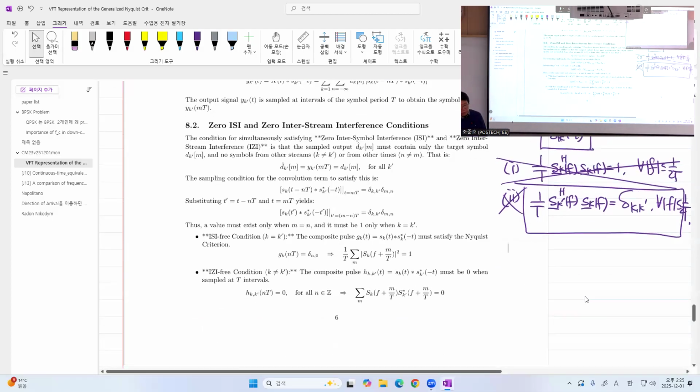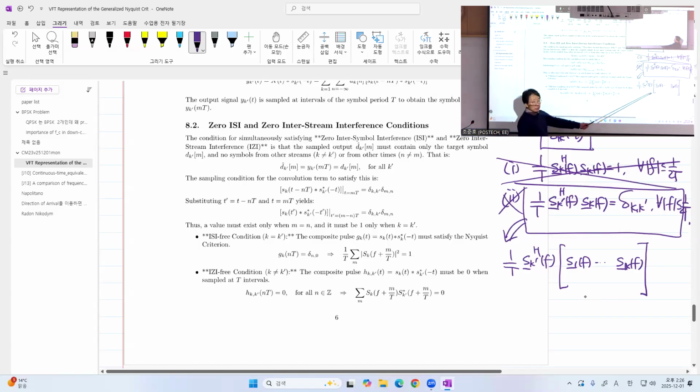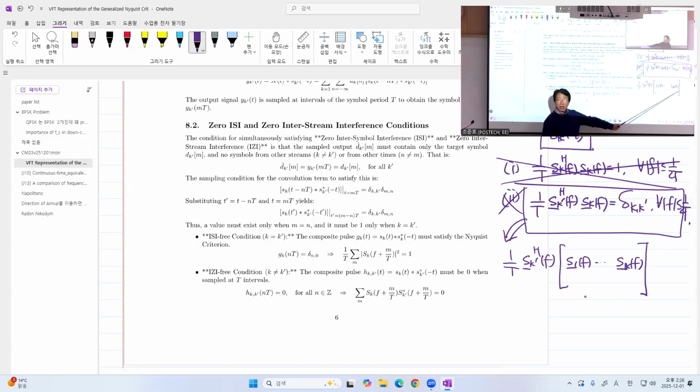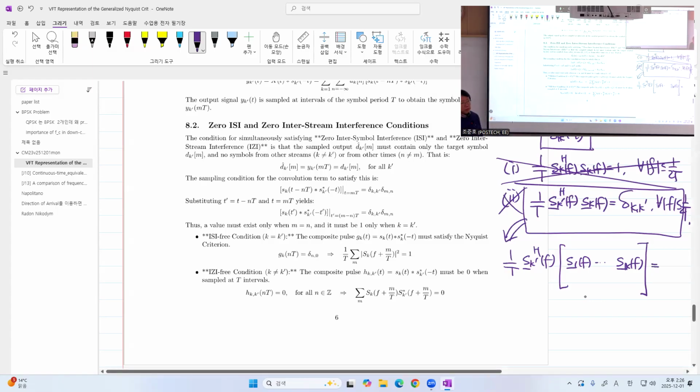The first notice is this one. This implies that if we fix k prime, then here we may put all capital K vectors in the matrix with capital K columns. Now, what would be the right-hand side?